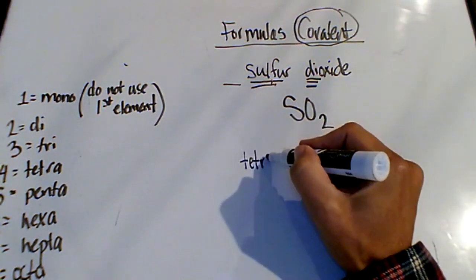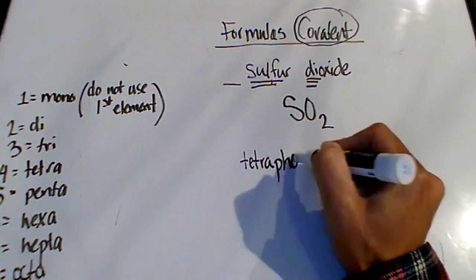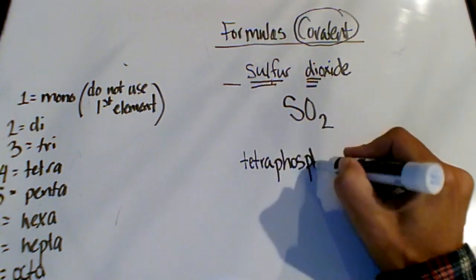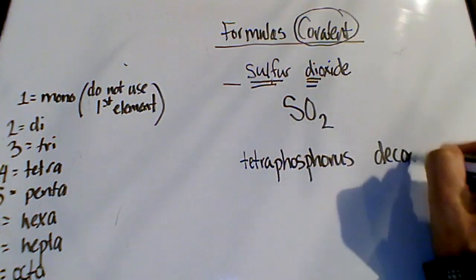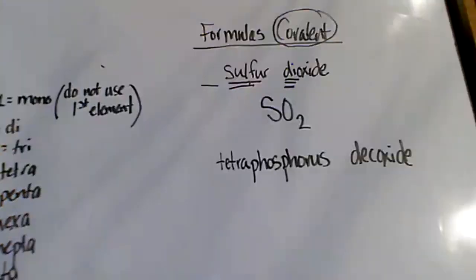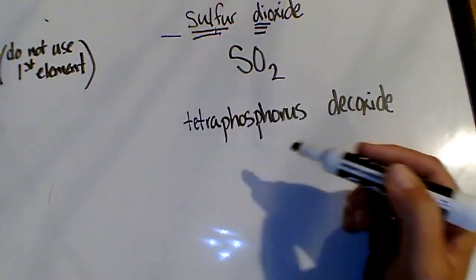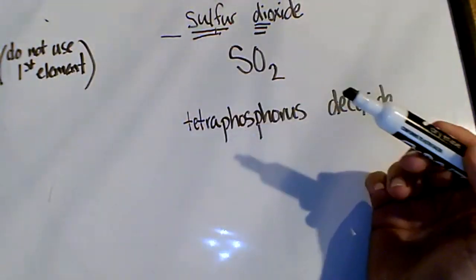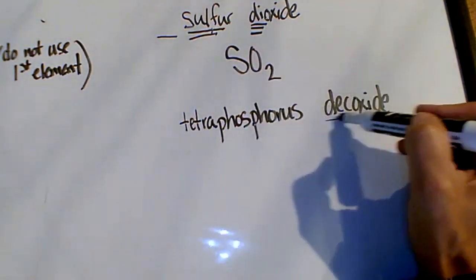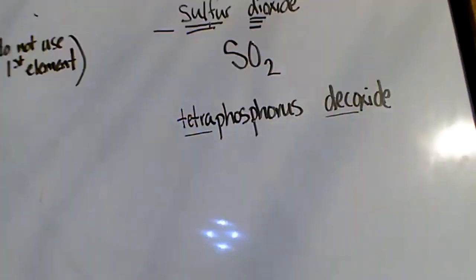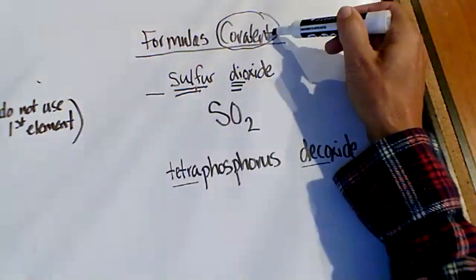Tetraphosphorus decoxide. All right. Well, how do I know that this is covalent? Or how do I know if it's ionic or covalent? First of all, I see prefixes. Therefore, it must be covalent.